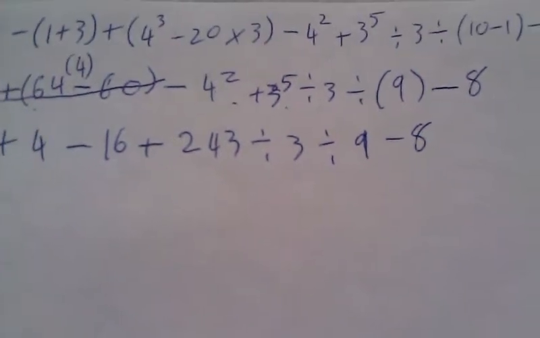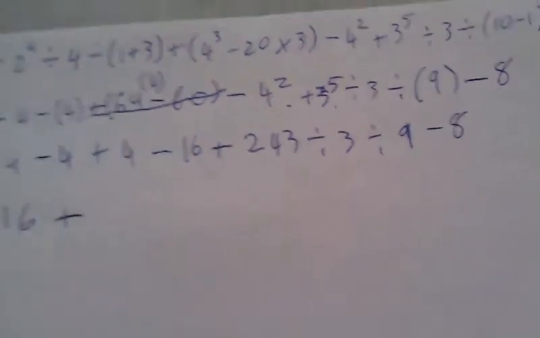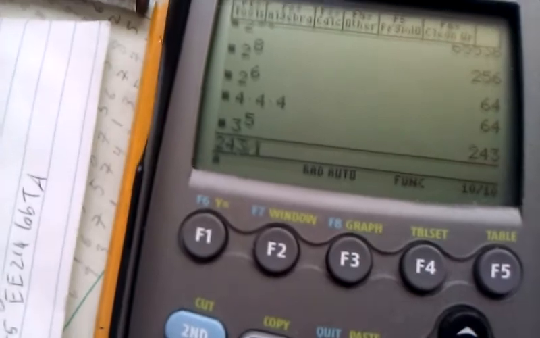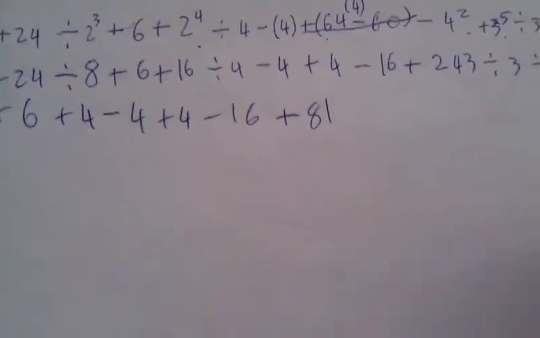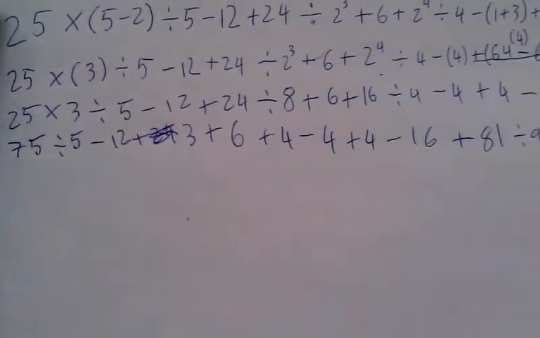And so this just goes left to right. So we do the 243 divided by 3 first. That gives us 81. And then divided by 9. And minus 8. Okay. So there's a few more divisions still in here.